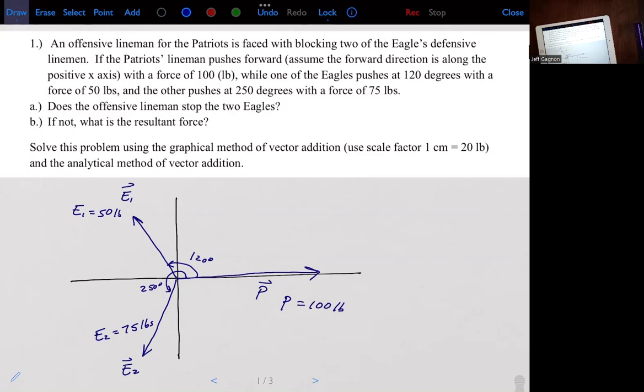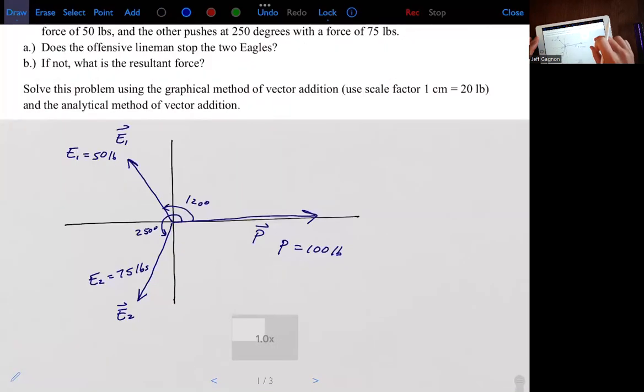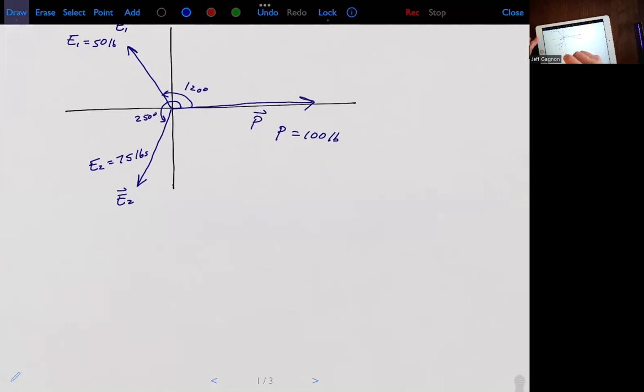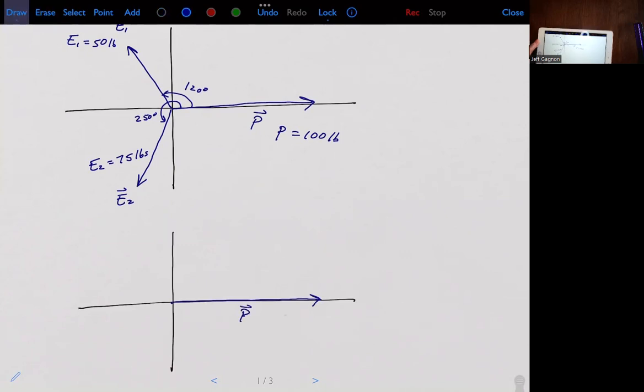So if you just kind of do this by sketching it right now, it looks like there is going to be a resultant vector, right? Again, it's hard. We won't know for sure until we draw this out perfectly or do it out analytically. But if I just sketch it, I'm starting with P. I'm going to move the tail of E1 to the tip of P. So it'll look something like this.